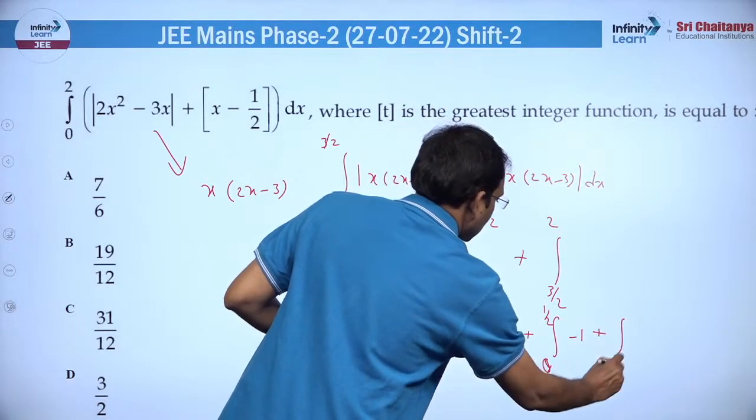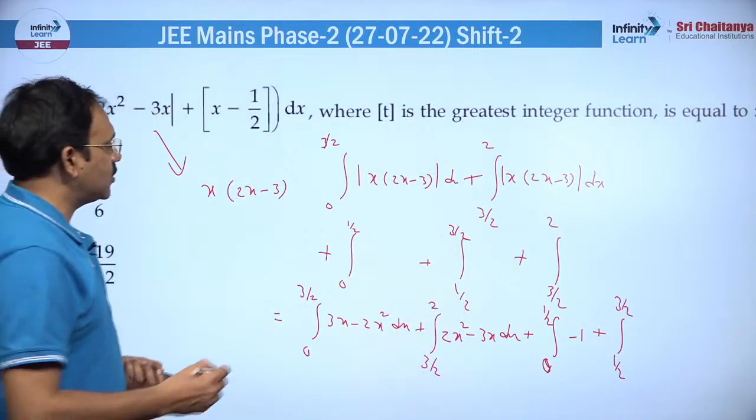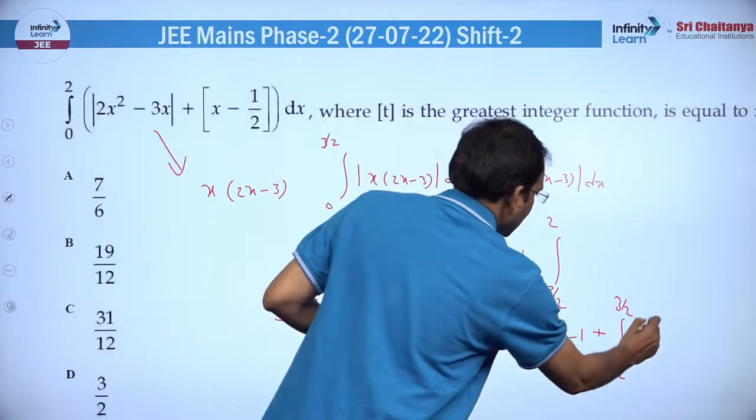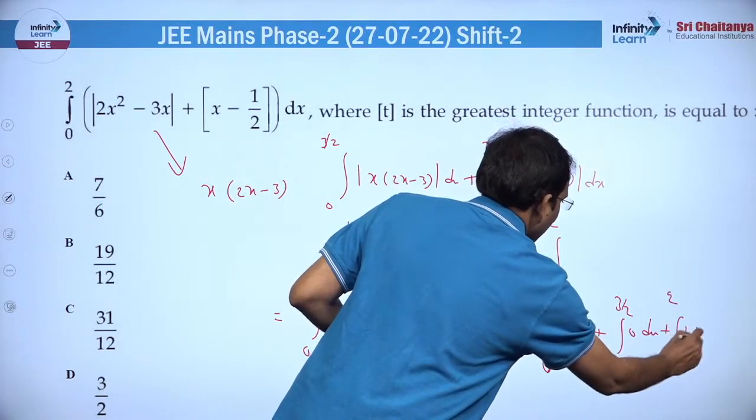The next integral 1 by 2 to 3 by 2, the values will be between 0 to 1, step is 0 dx, plus next one 3 by 2 to 2, it is 1 dx, my dear friends.